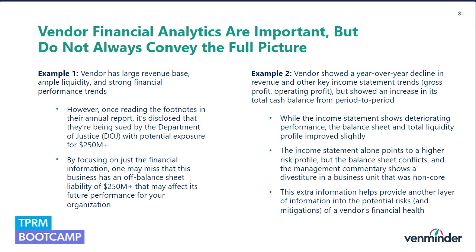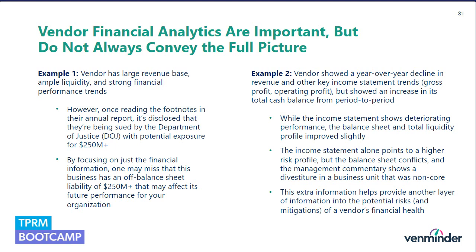On the flip side, another example showed year-over-year revenue decline and some other poor income statement trends for a vendor, but showed an increase in liquidity from period to period. The income statement showed that the vendor was performing poorly and deteriorating, but the balance sheet and its total liquidity profile improved slightly.